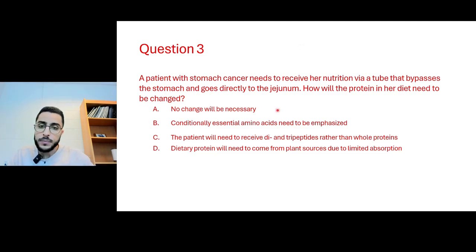And so for that, it would be better if the diet is changed into dipeptides and tripeptides rather than whole proteins, because as you reach the intestine, usually you have more of the carboxypeptidase and aminopeptidase to break down short amino acids and then transport them.